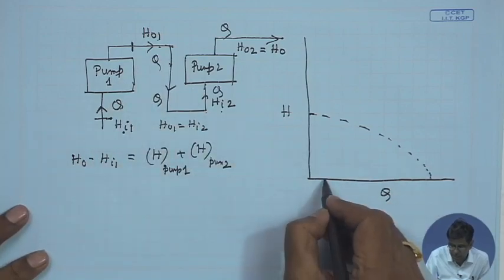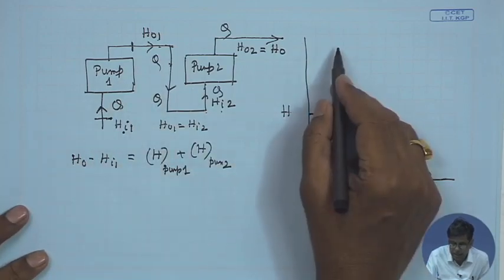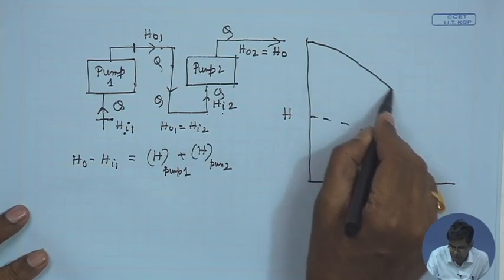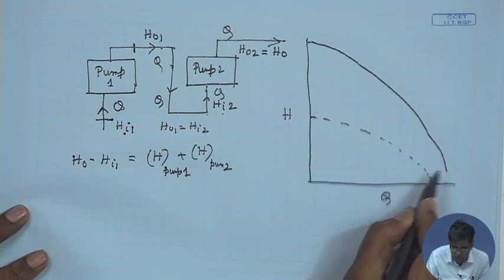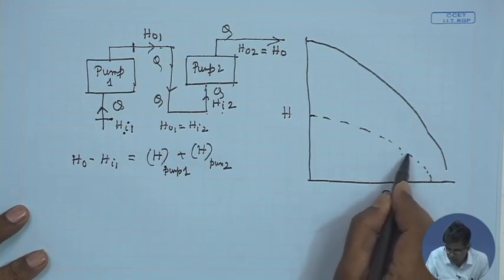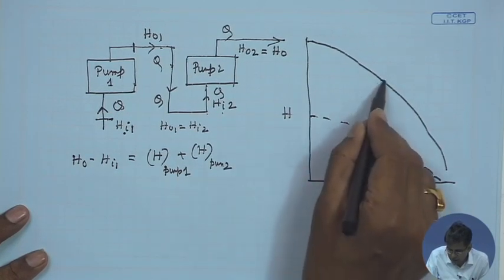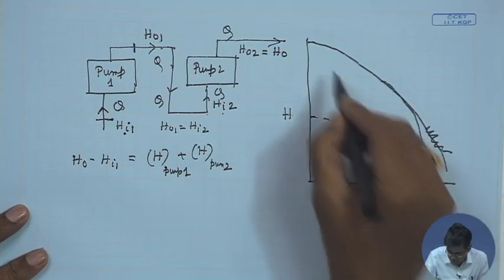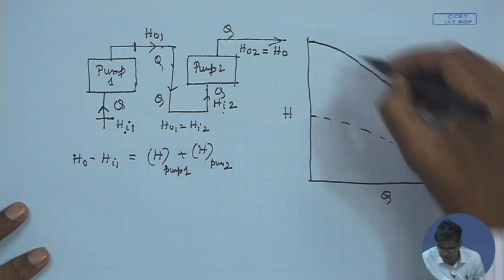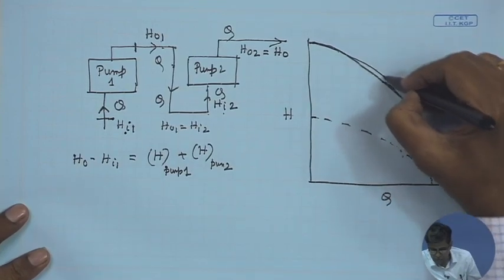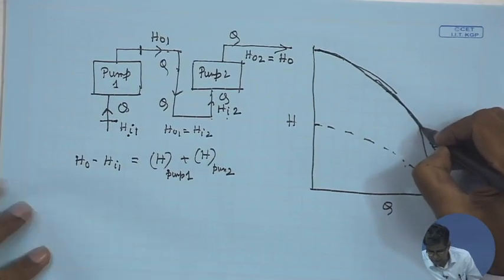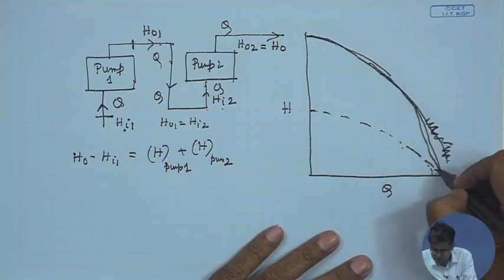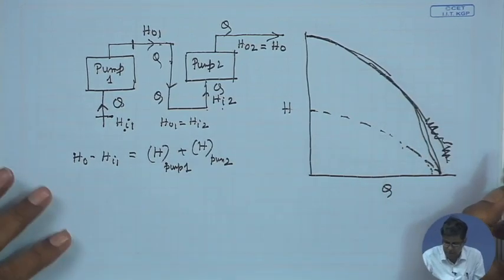For each and every discharge, we just add the head and we get the head discharge characteristic of the combined pumps. This is the curve, which ends here at the same point where it is 0.